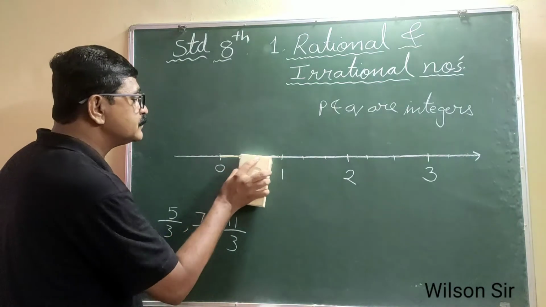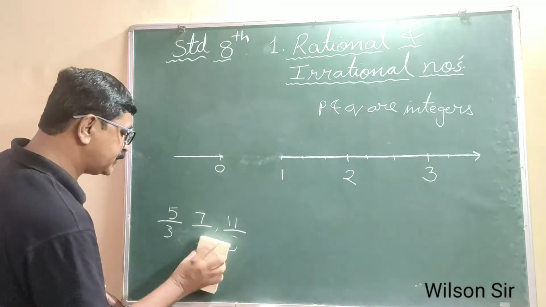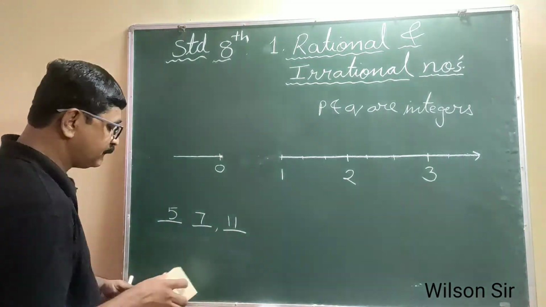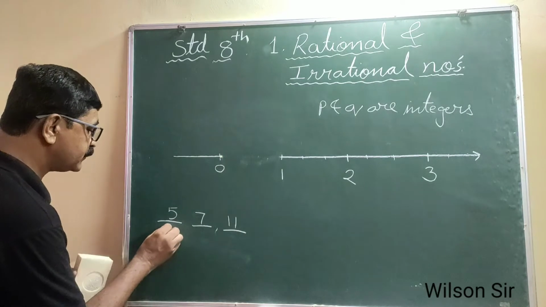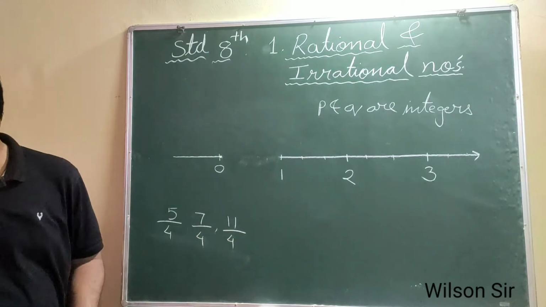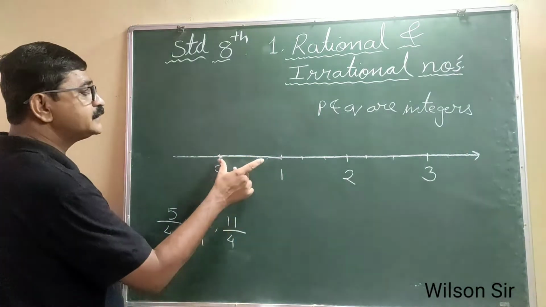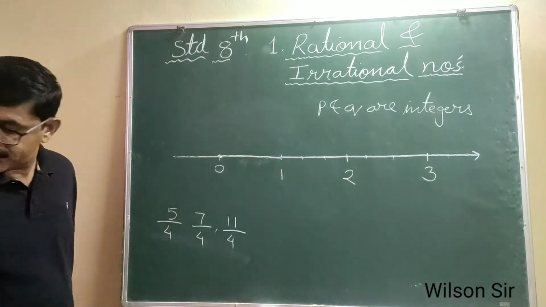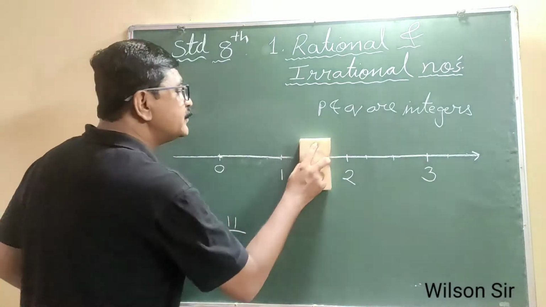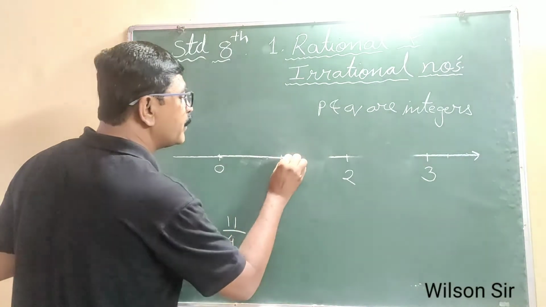For the next example, suppose the denominator is 4. At that time this single unit has to be divided into 4 parts.